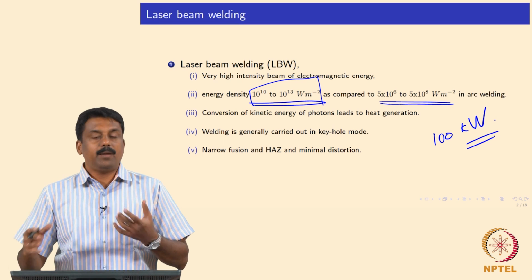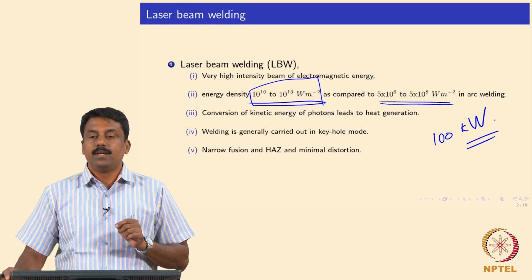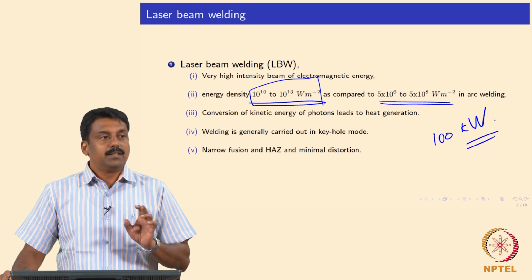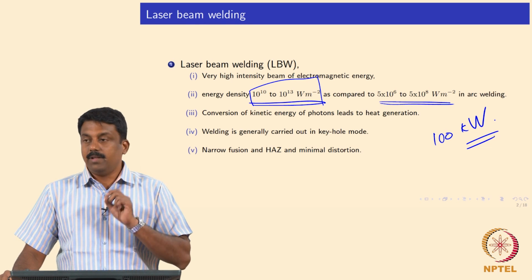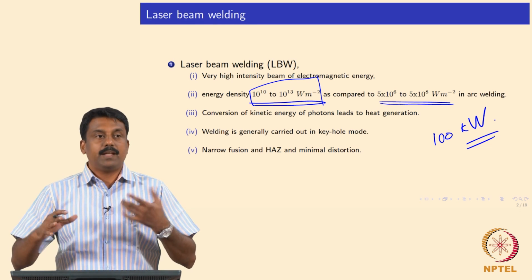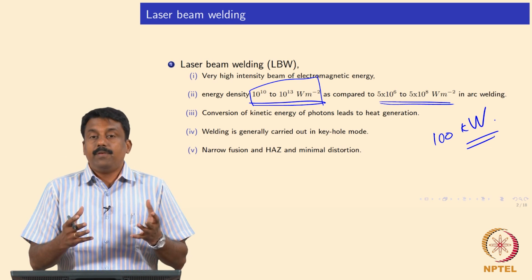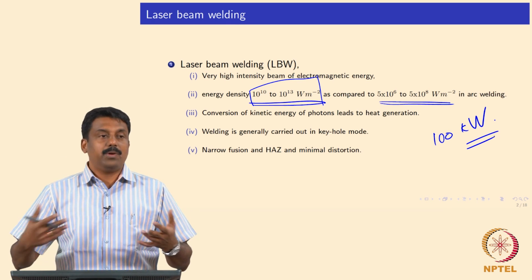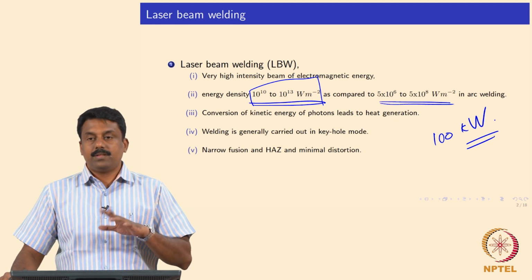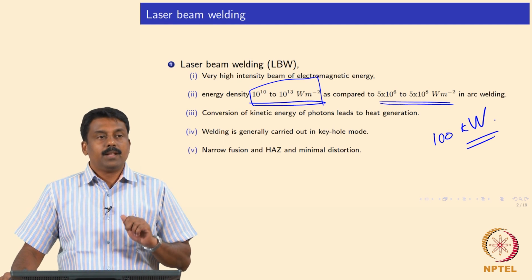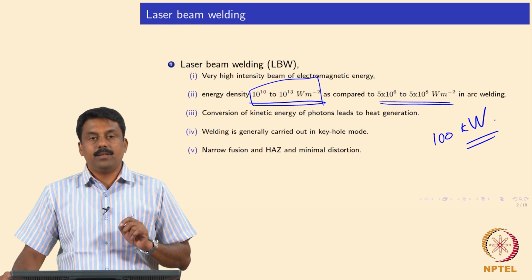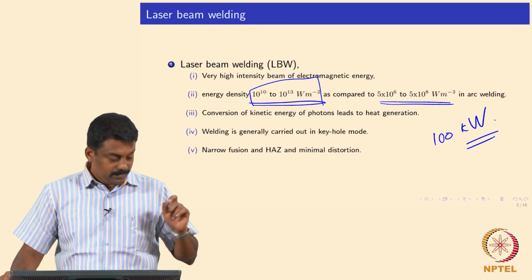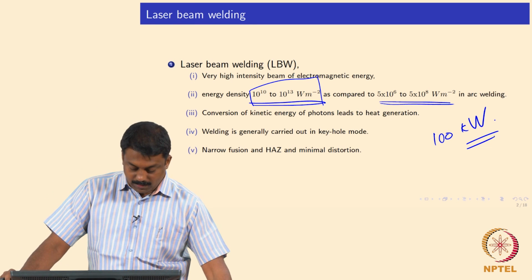You end up concentrating stress in a very narrow region. So sometimes it is not advisable to have narrow weld regions when the structure is extremely loaded. Whereas if you just need a weld joint and the loading is not that severe, then laser welding is very nicely used in those applications. Okay, let us move on.